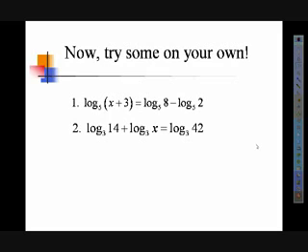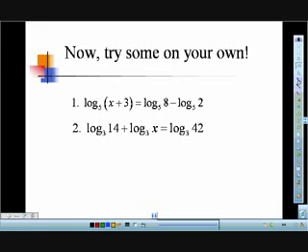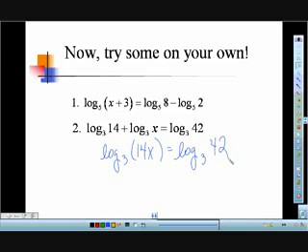Okay, so for this one, because we have addition, that becomes multiplication. So that's going to be log base 3 of 14 times x equals log base 3 of 42. We've narrowed it down to one log on each side, so we can drop them. So 14x equals 42. Divide by 14, and x is going to equal 3. When we plug 3 in for x here, that's fine. So our answer is x equals 3.